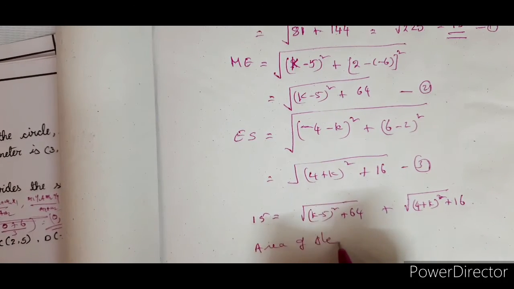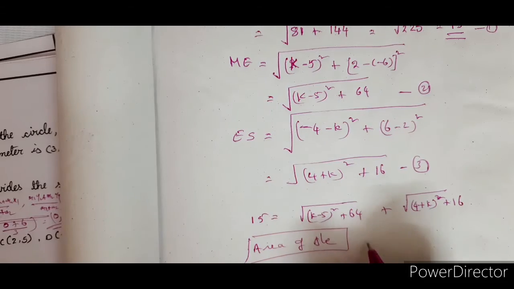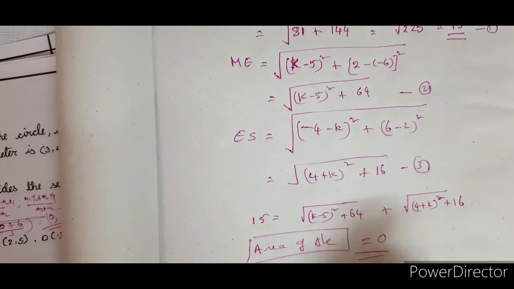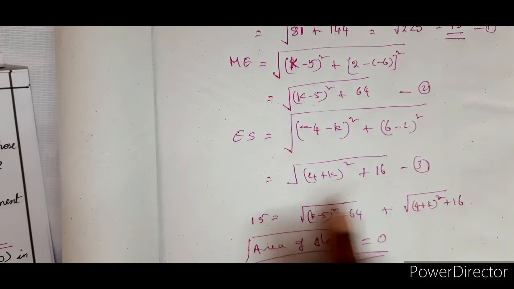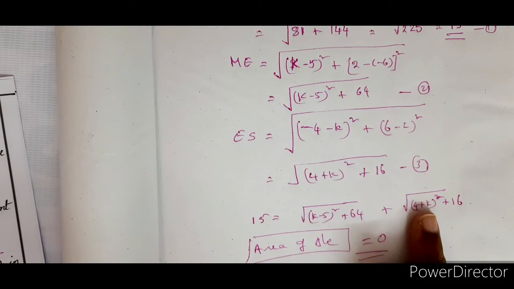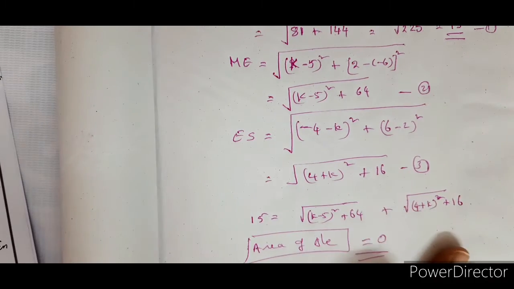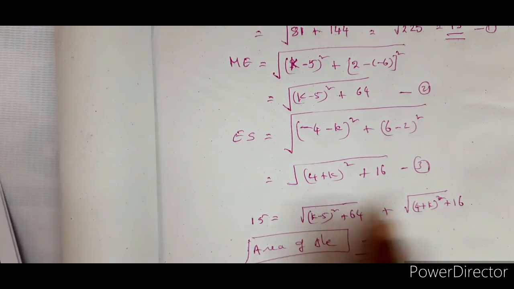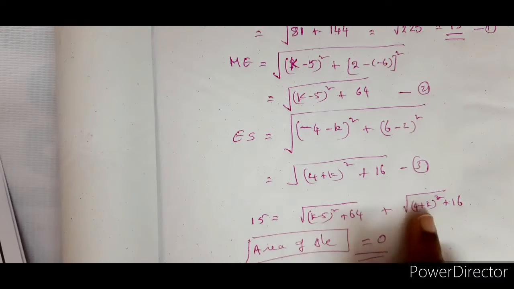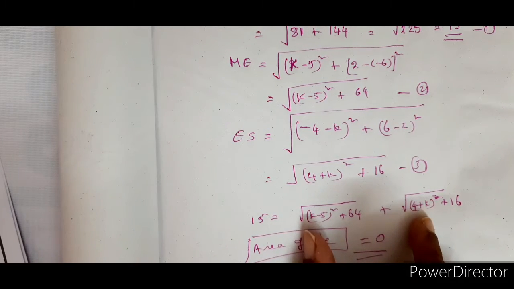We will use the area of triangle and equate it to 0, and then we will be able to solve the problem without these roots. Directly you will get the k value. But children, why I dealt this here is because, in this particular case, we are left with one root unsolved.